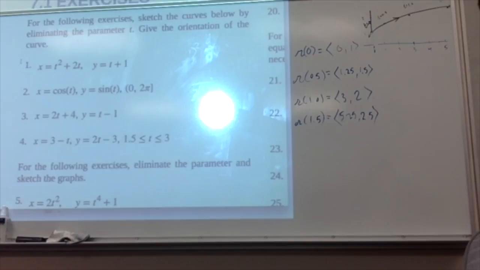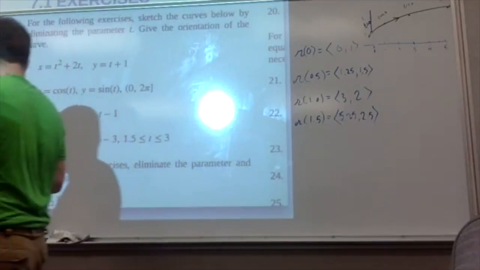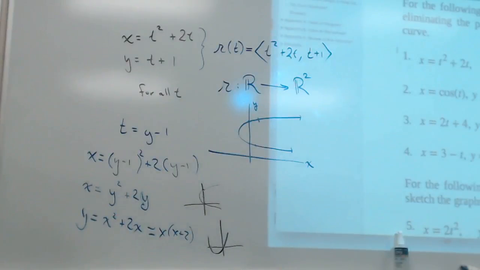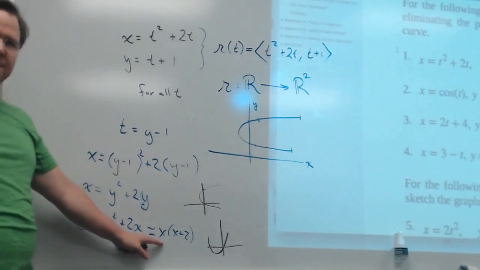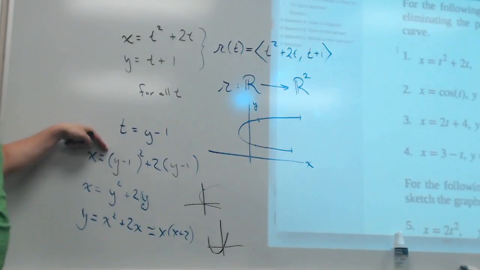So y squared minus 2y plus 1 plus 2y. Then this is y squared minus 1. I was able to see the x-intercepts by factoring. Maybe I can find the y-intercepts by factoring as well.